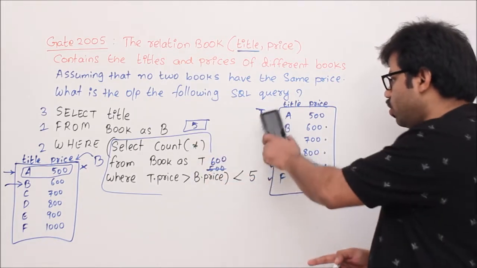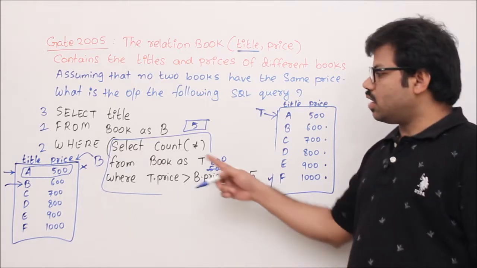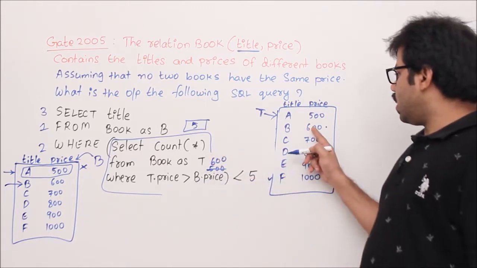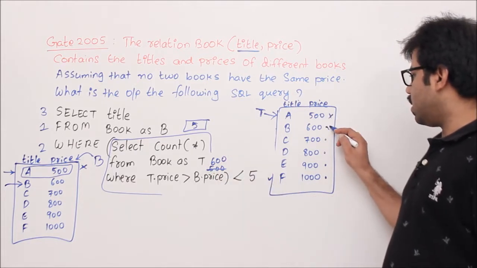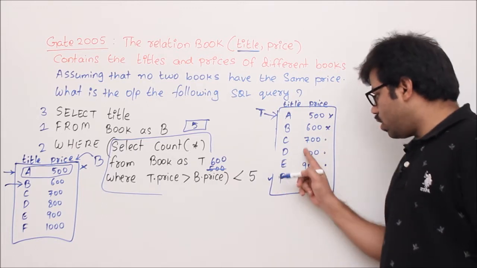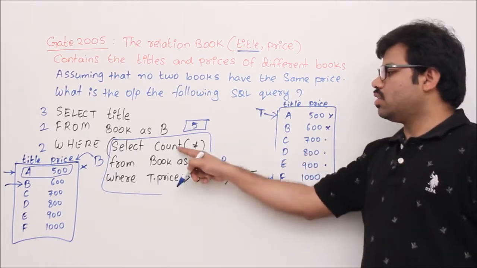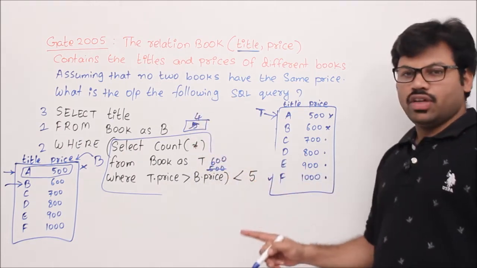Iterate over all the books T where T dot price is greater than 600, such tuples are to be counted. So 500 greater than 600 false, 600 greater than 600 false, then 700, 800, 900, 1000. These 4 tuples will qualify this condition. Such tuples count will be 4. Since 4 is less than 5, we print it.